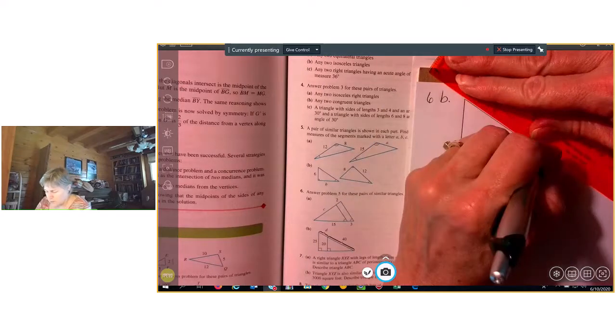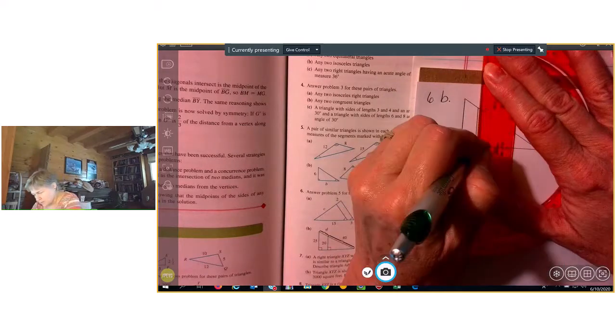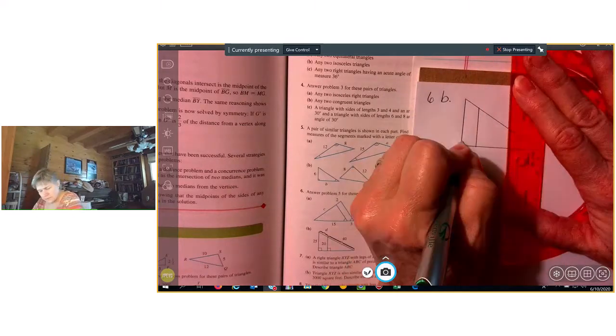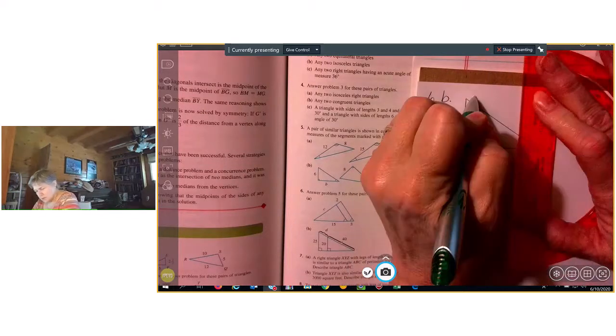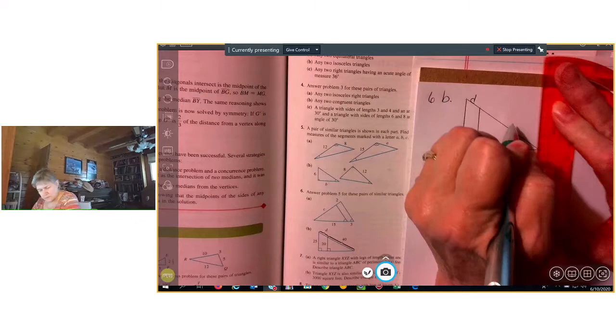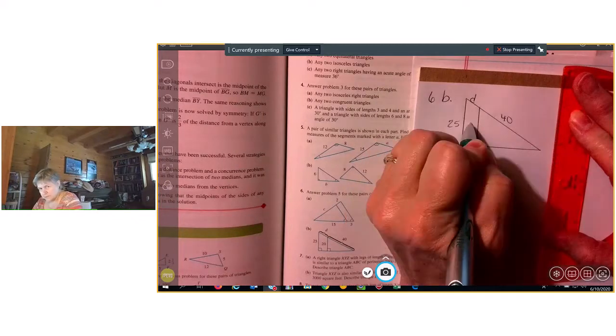And then we have another line dropped here that's going to form another right angle. And they're saying this part here is D, this part here is 40, this is 25 and 20.